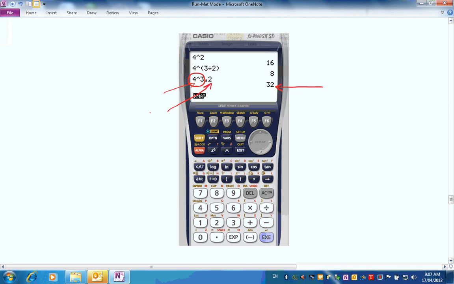So in linear setup we must always use a bracket around a fractional power. Just keep that in mind, the differences between linear and math setup in our run mode.